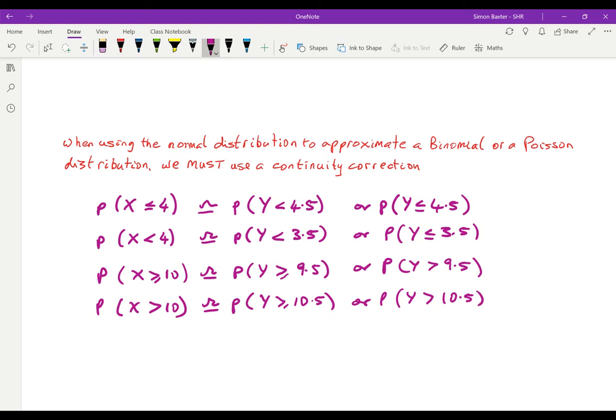A lot of people just rush into this. You cannot think, I'll always subtract a half, I'll always add a half. It depends very much on whether you're less than or equal to, or less than, or greater than or equal to, or greater than. There is no consistent adding and subtracting a half. The best way to do it is to think, what does it mean?